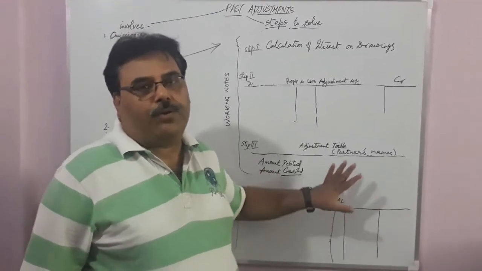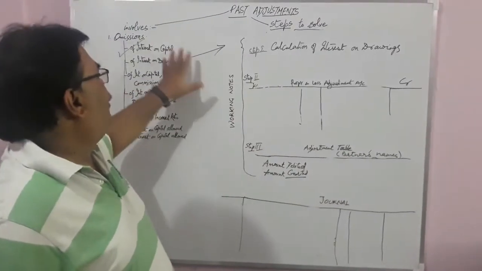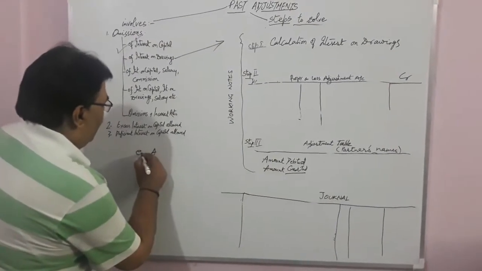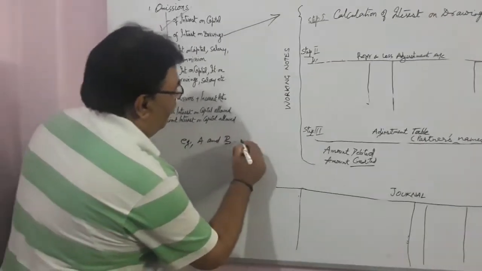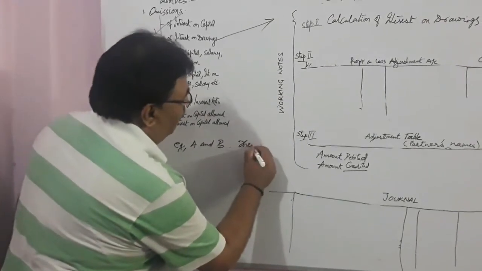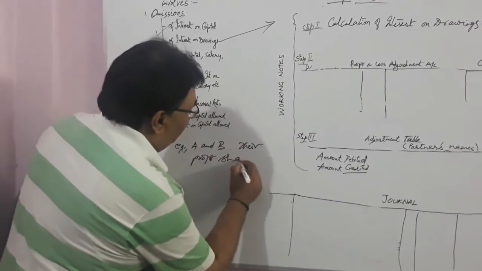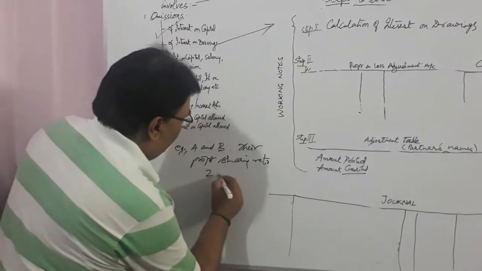Now I am going to take a very simple example to discuss omission of interest on drawings. Suppose there are two partners A and B, and their profit sharing ratio is 2:1.